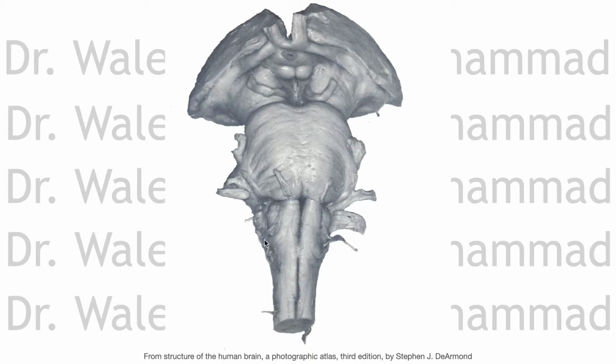The most lateral, this part, is called the inferior cerebellar peduncle. So we have the middle cerebellar peduncle, which is the brachium pontis, the inferior cerebellar peduncle coming from the medulla oblongata, and the superior cerebellar peduncle, which you can see at the back of the midbrain.